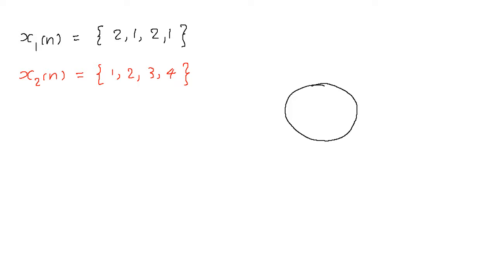So the first value is 2 here, the second value 1 is here, then 2, then 1.